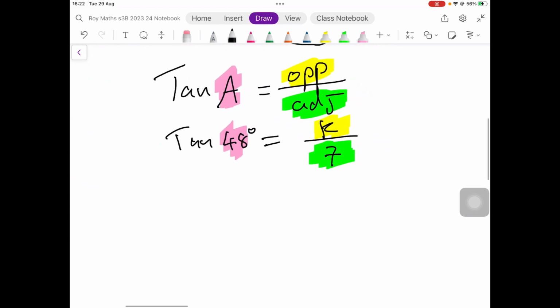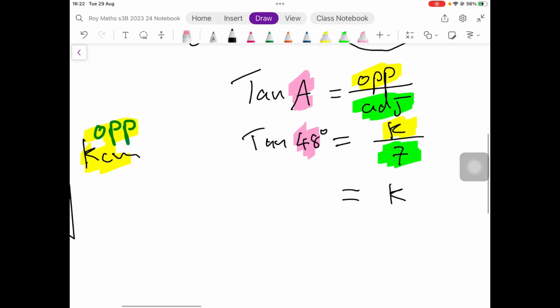Now, I'm trying to find k. How do I get k by itself? Well, it's been divided by 7. So on the right-hand side of the equals, if I times by 7, that will give me k. So on the left-hand side, I also times by 7. So 7 times tan 48 degrees will give me k.